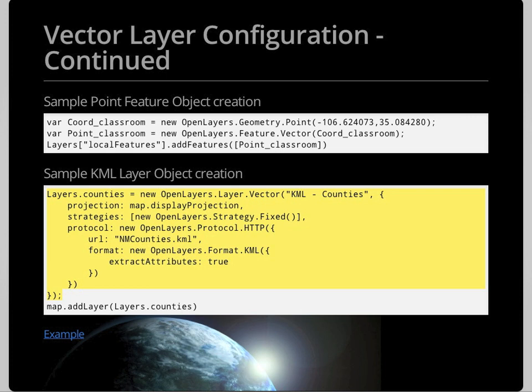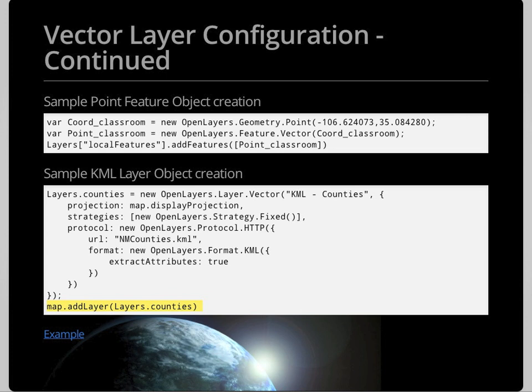So once we've created that layer.vector object, we can just add it to our map, just like we do all of our other new layers, by just using a map.addLayer and then the layer name, or in this case, the identifier for the counties layer within this array of layers called layers.